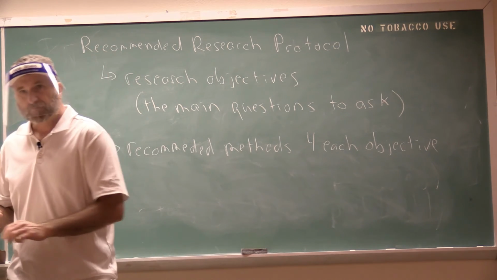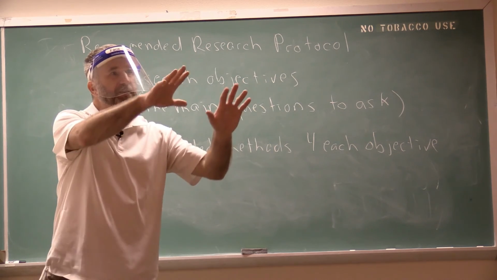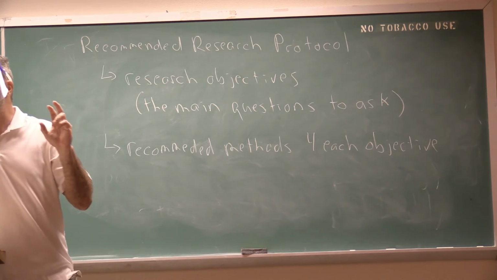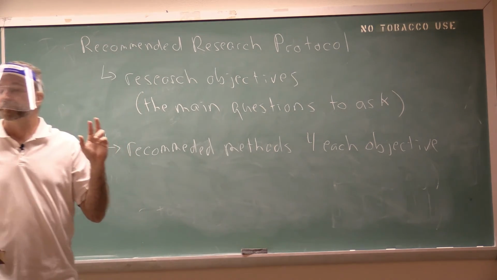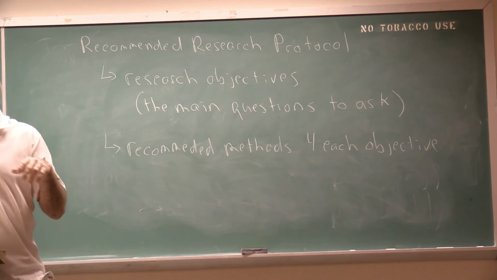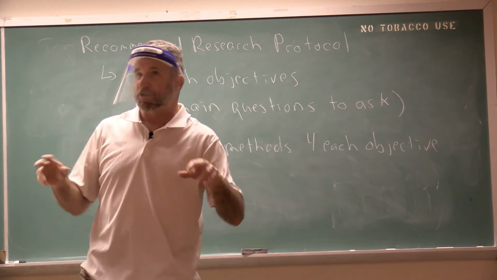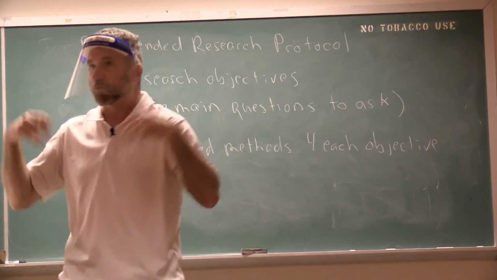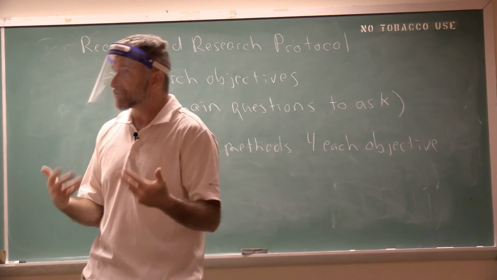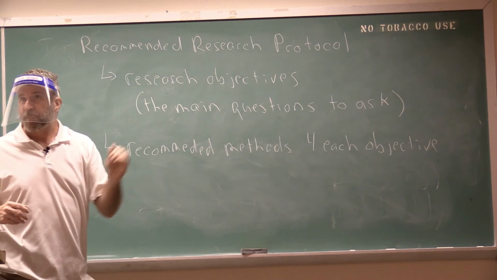So Bryce, if you did an internet survey, you'd want to describe the questions, why you're asking them, and what you're trying to achieve with them, and make sure they're in line with the objectives.